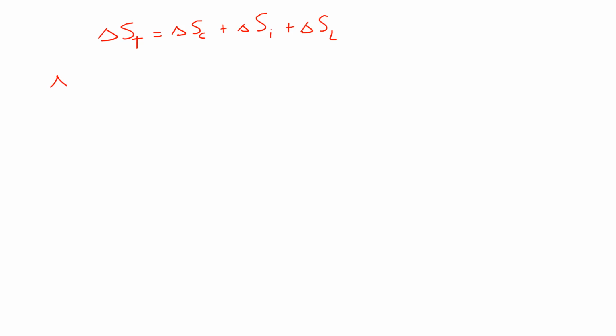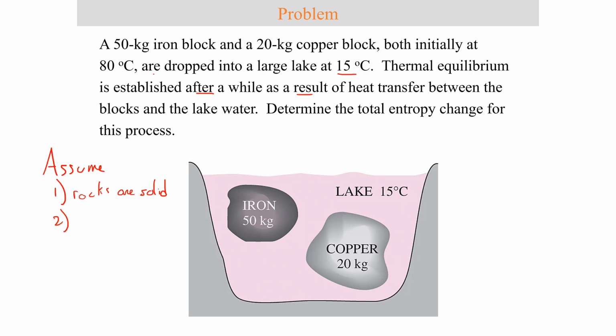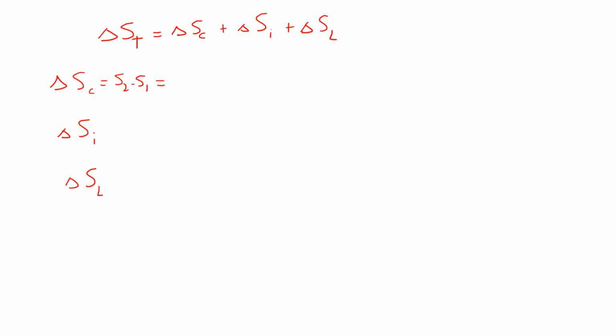So what I'm going to do is find the entropy change of each individual portion of the system. So again, this would be the entropy change S2 minus S1, and this is for a solid. I'm going to go ahead and also assume constant specific heats, so that the specific heat is not a function of temperature.